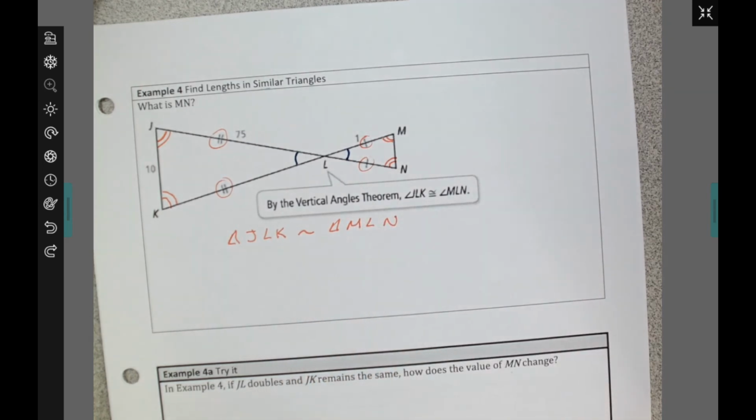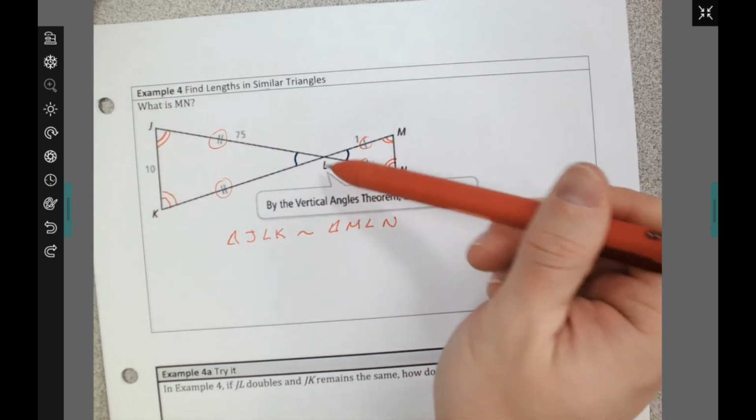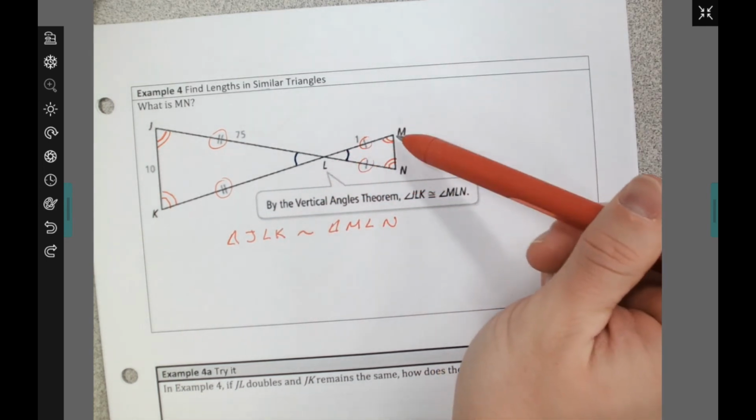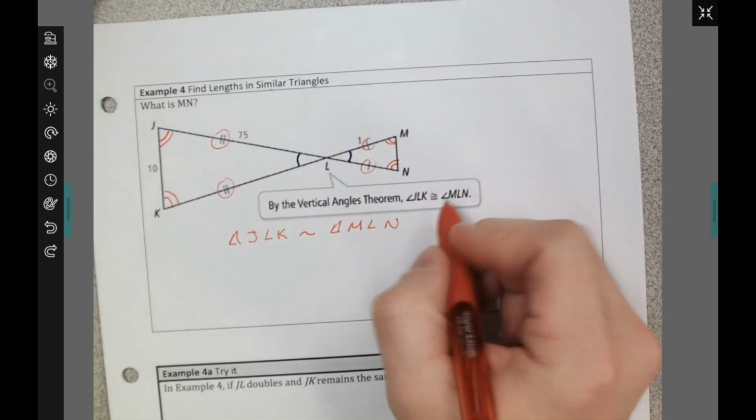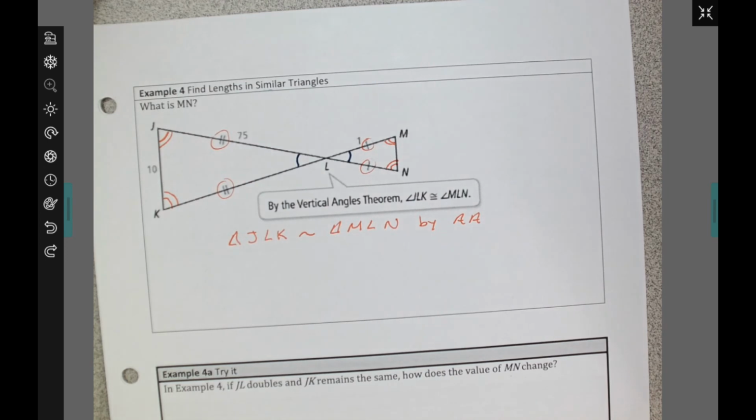Honestly, on this one, it doesn't matter which way you work it around. You just have to make sure that your middle letter is L. Outside of that, the other angles are congruent, and we did this by angle. All right, so now we know they're similar.